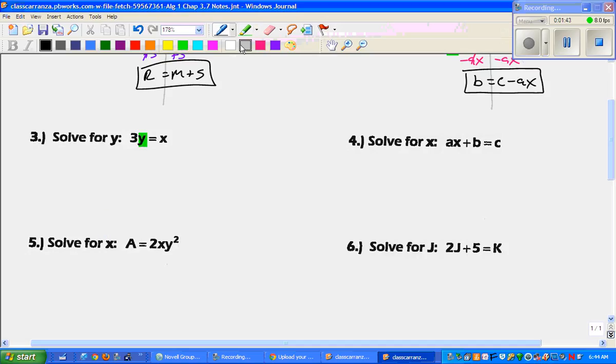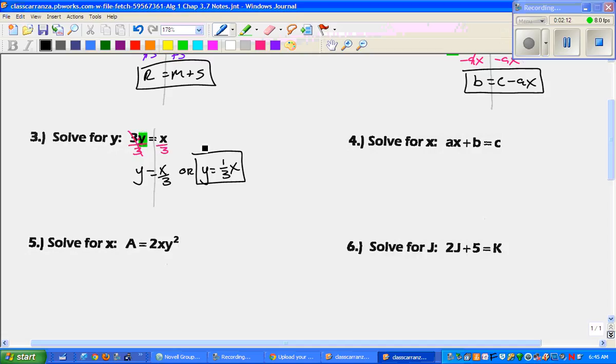Solve for Y. Draw the line down the middle. Between the 3 and the Y is multiplication. To get rid of multiplication, we need to do division. Y equals X over 3. And the other way that you will see this is 1/3 X. This is how we're going to be writing it.